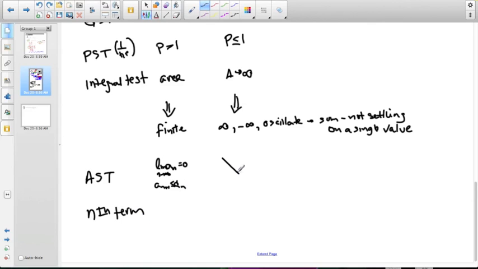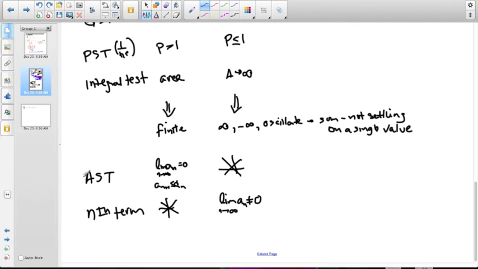And then we don't have any test for divergence, because as soon as we fail part 1, where the limit of a sub n is not equal to 0, we've performed the nth term test. The nth term test we can't use for convergence, because if the limit equals 0, then we're inconclusive.